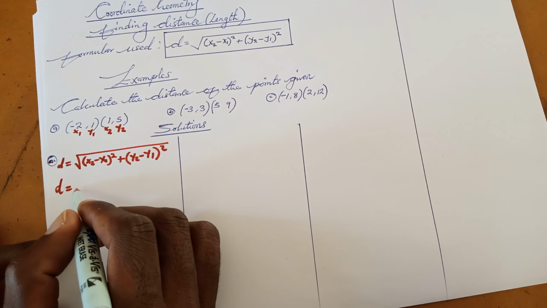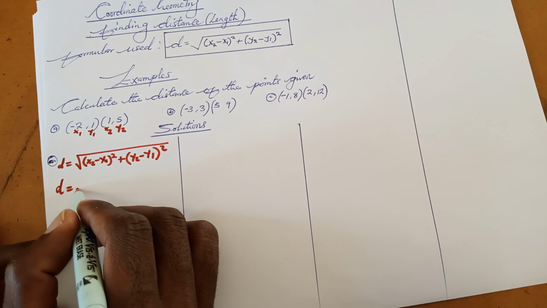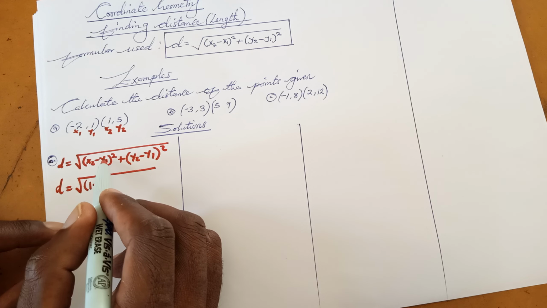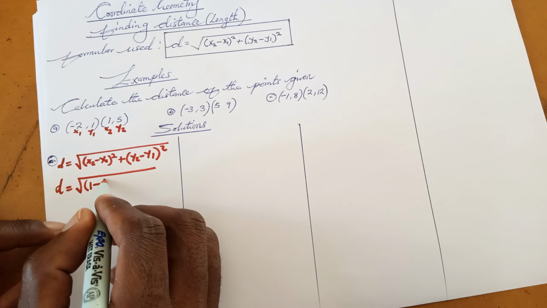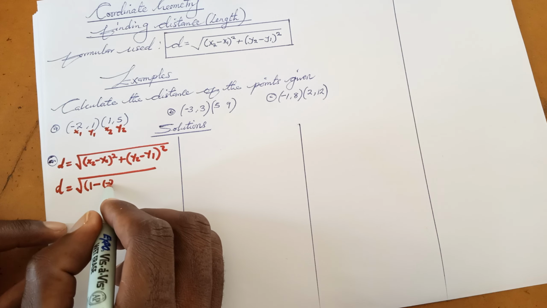So therefore d will be equal to the square root of brackets. What is our x2? Our x2 is 1. So we say 1 minus, what is our x1? Our x1 is negative 2. So we open brackets, we put negative 2, we close, then we say squared plus, open the brackets.